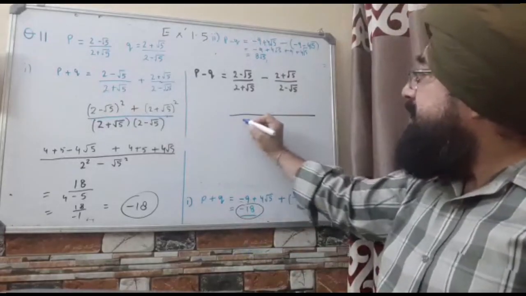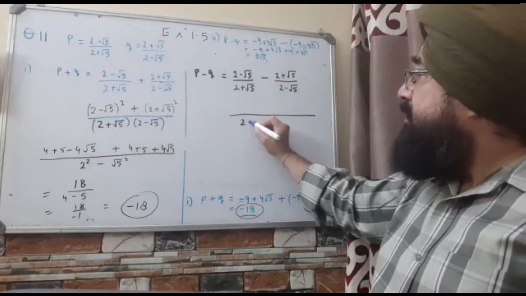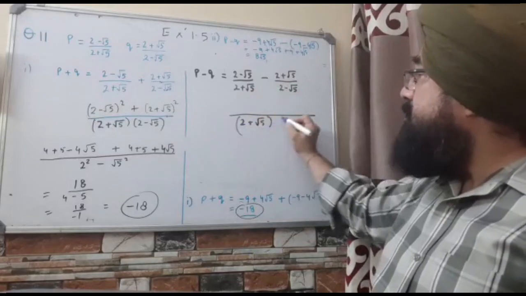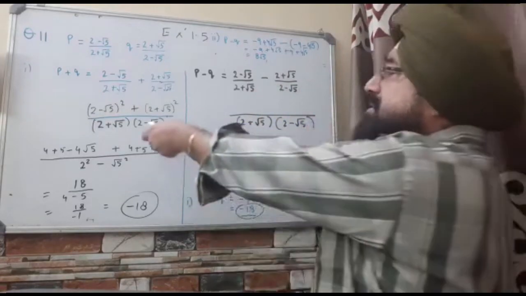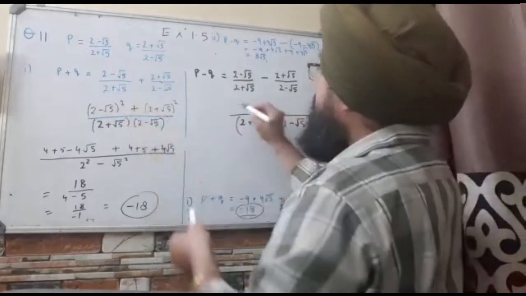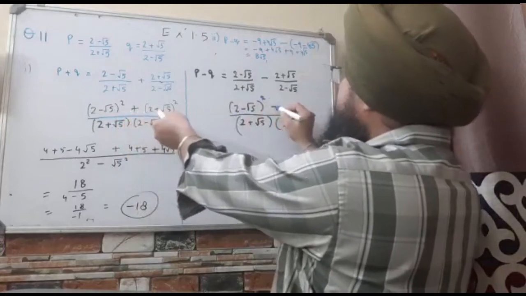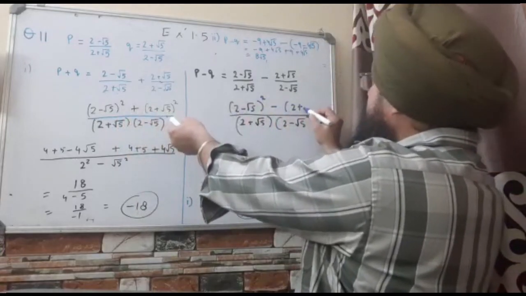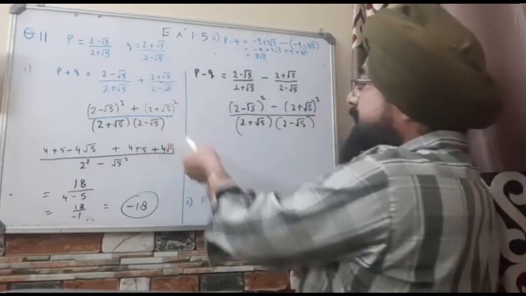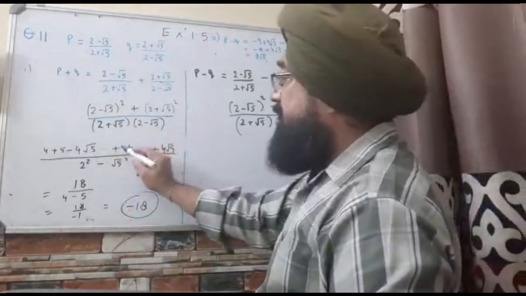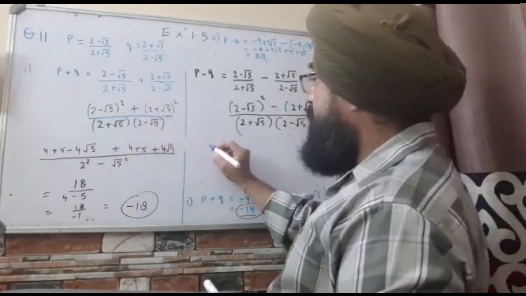You take the LCM: 2 plus root 5 into 2 minus root 5, the same process with a reverse sign in between. That is 2 minus root 5. You can copy this also, and just put a minus sign, and you can copy even this, but remember, with a minus sign I will put a bracket.